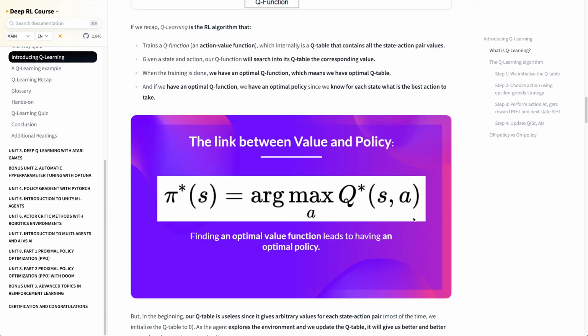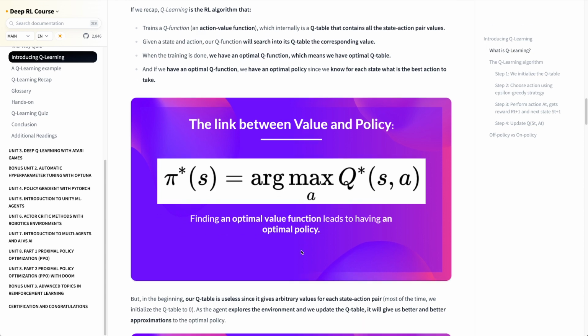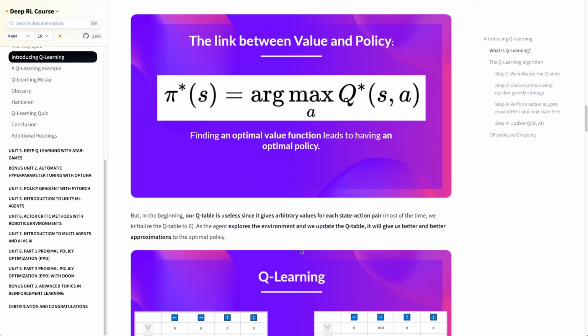The link between value and policy: this pi star at the state, which is the policy, is the arg max of this Q star state-action pair. So finding an optimal value function leads to having an optimal policy. In the beginning, our Q table is useless since it gives arbitrary values for each state-action pair.